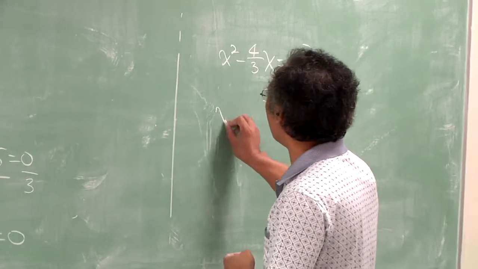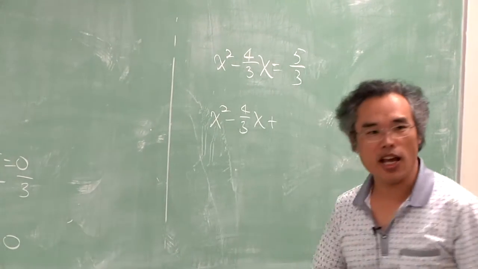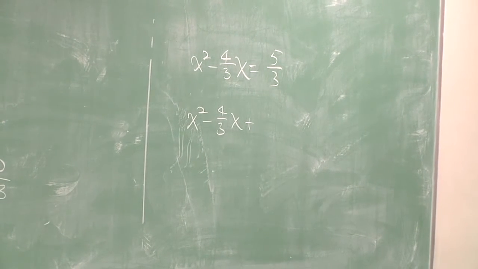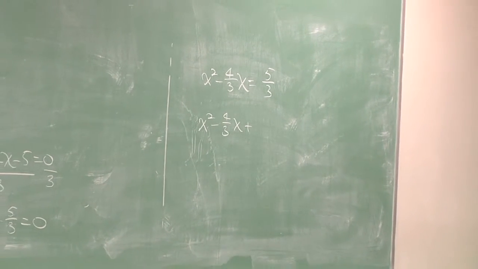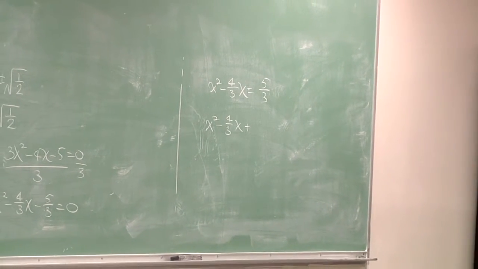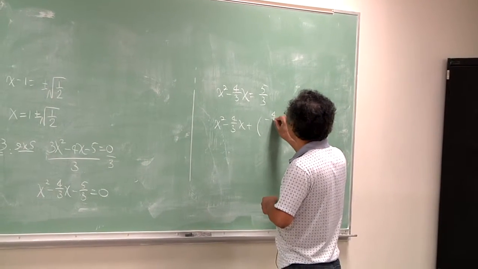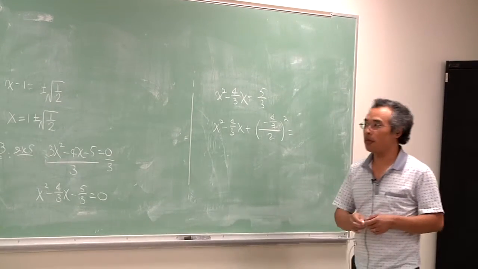Okay, but the difference is this time we got some fractions, so it's a little tedious, but the method is still the same. Okay, so divide by 2. Negative 4 over 3 divided by 2.